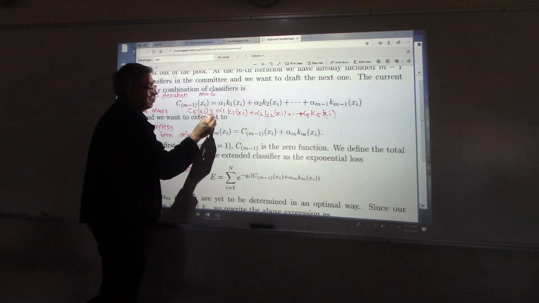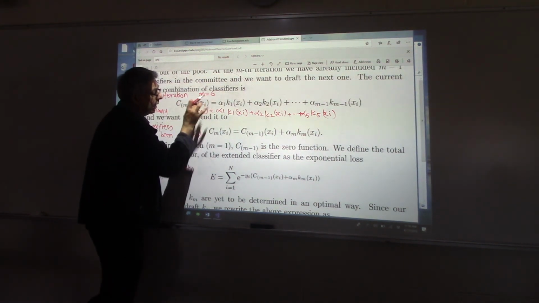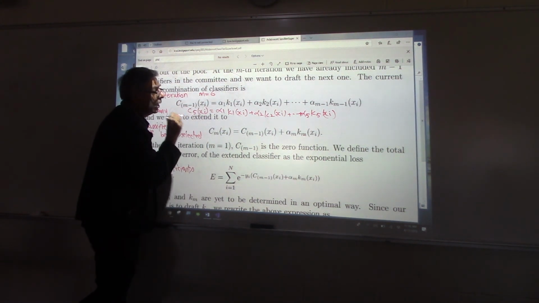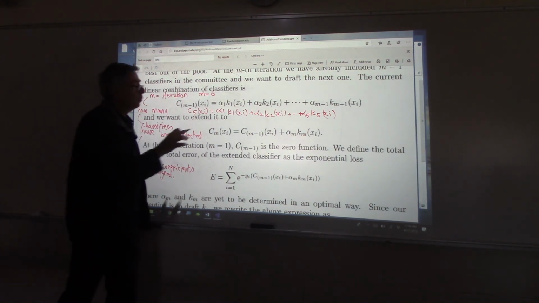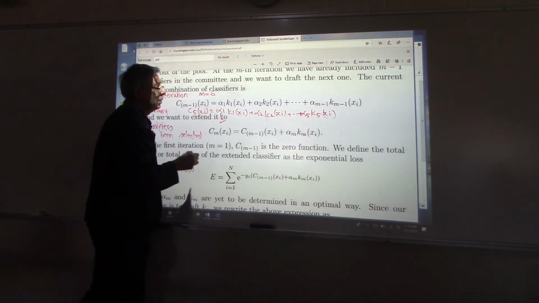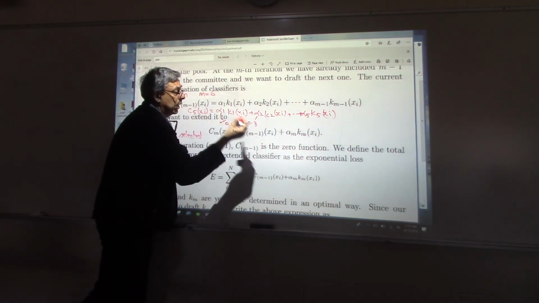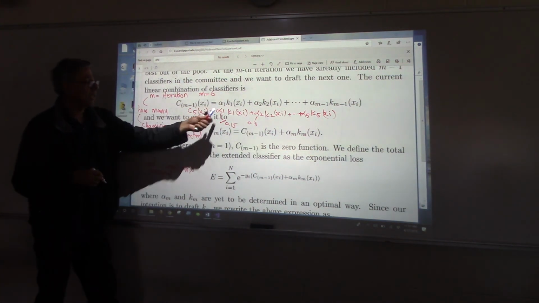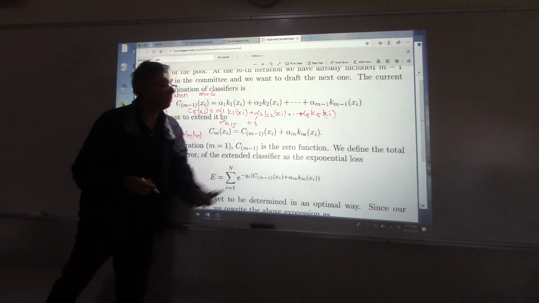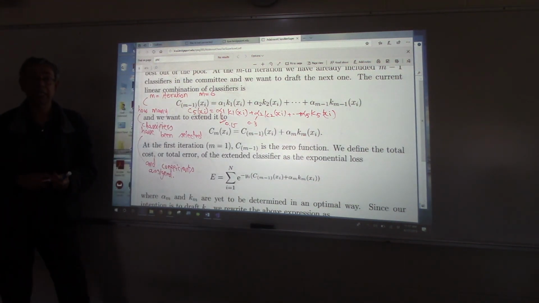Right? And so, in this equation, what we are assuming is, let's pretend somehow we already know what alpha 1 is, meaning it could be 0.15, 0.2, 0.3, whatever, right? So we already know the coefficients of the 5 classifiers, okay?